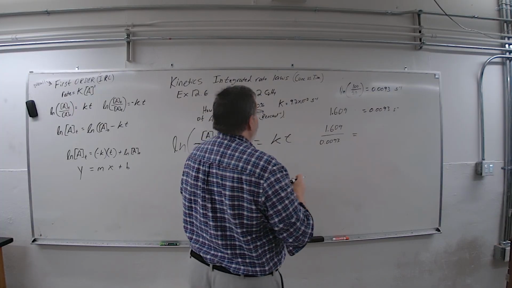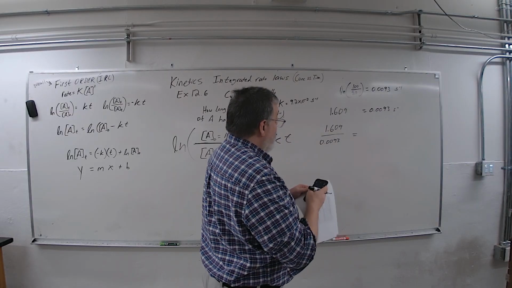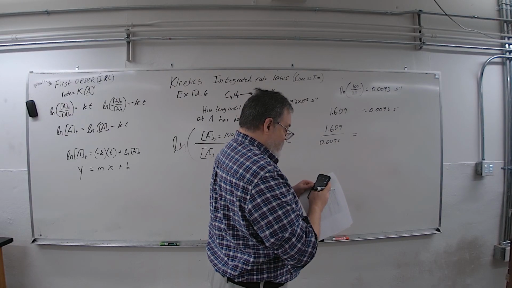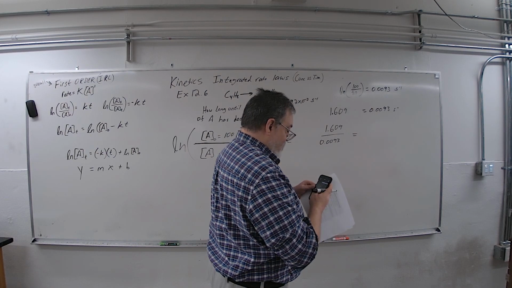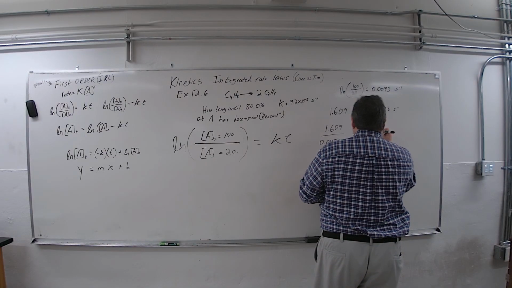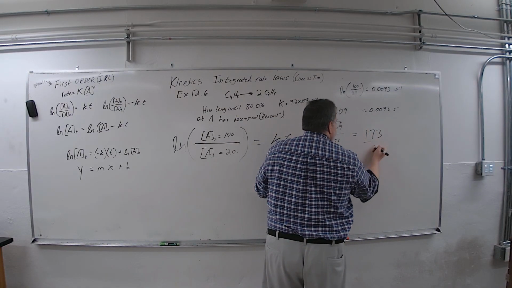And we should come out in seconds because that's the unit that's there. 1.609 divided by 0.0093. I think we got two significant figures, and that's that.